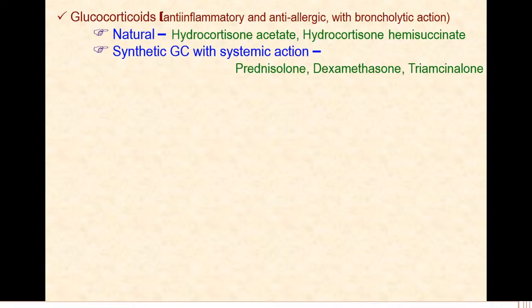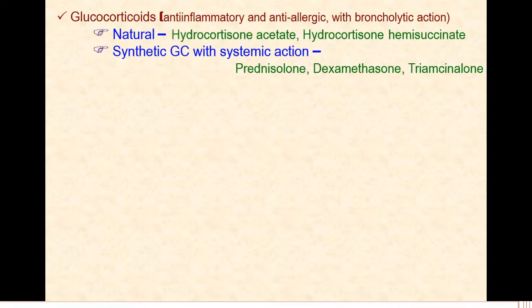These are very potent anti-allergic, anti-inflammatory agents, and they inhibit allergic reaction acting on both cells and also on antibodies, on different cytokines.